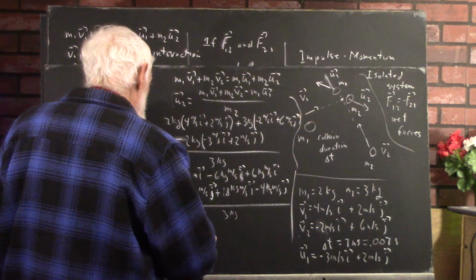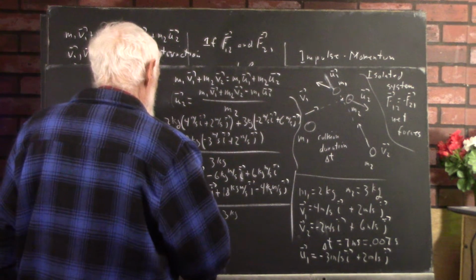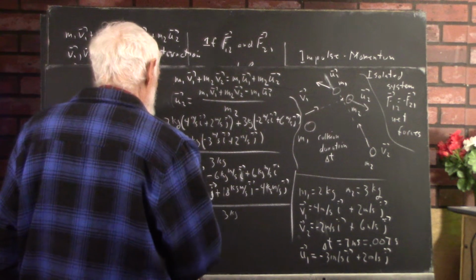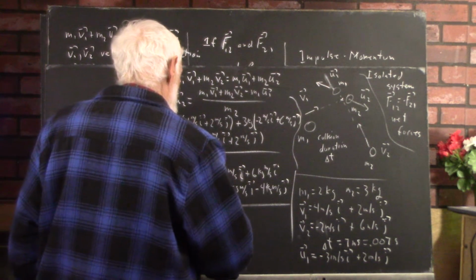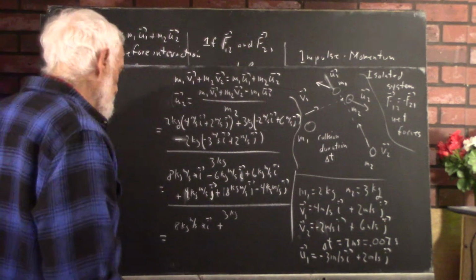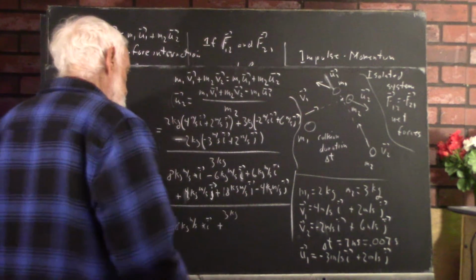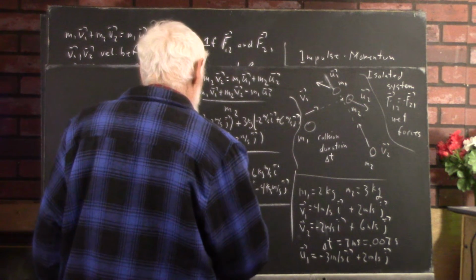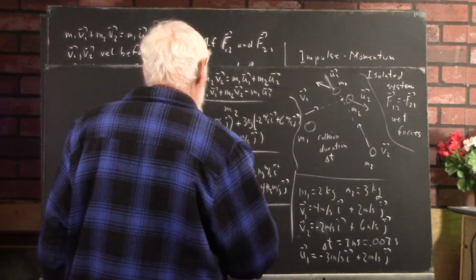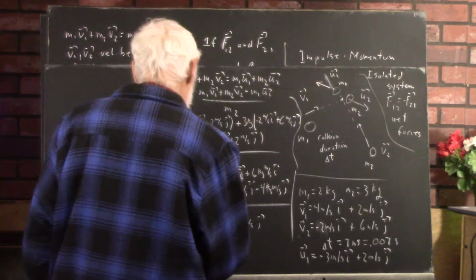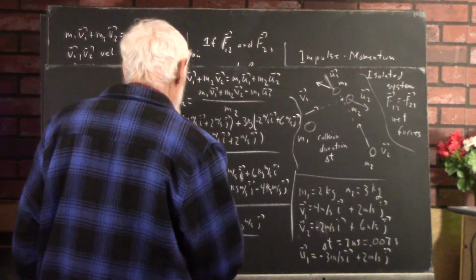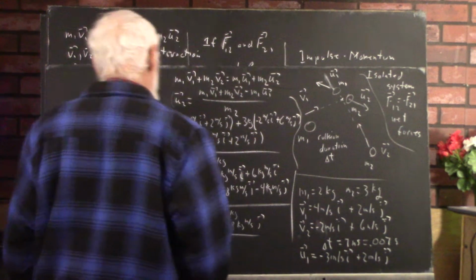So we have 8 kilogram meters per second times I plus what? 22 minus 4 is 18. Kilogram meters per second times J, all over 3 kilograms.